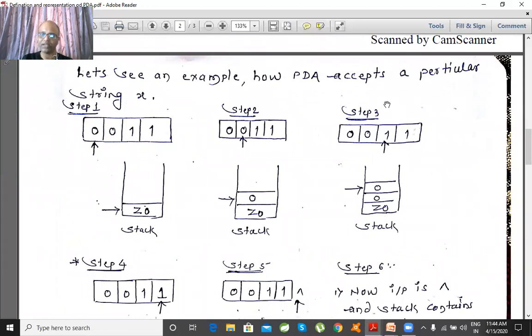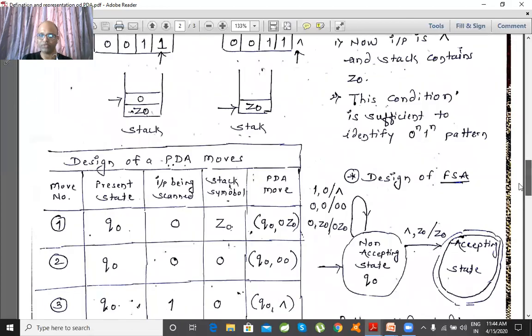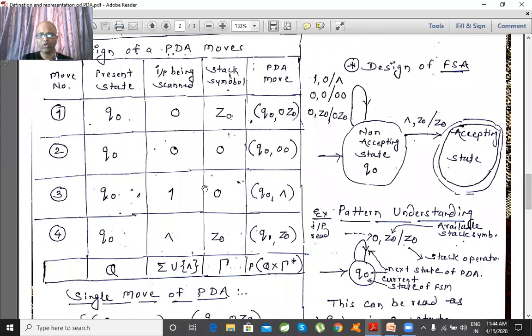Okay, and the condition reads that the input is pointed to by 1 and the corresponding 0 is available on top of stack, to cross verify how many zeros can be cancelled out against the zeros which have been seen on the input side. Now according to this, we'll design our step number 3, or move of the PDA, being in Q0.